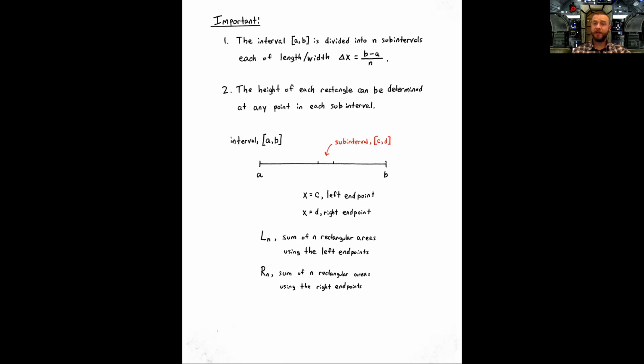So these are the two standard approximation methods: approximating rectangles by using left endpoints, or approximating rectangles by using right endpoints of each subinterval. We'll look at another way to do this using midpoints, but left and right endpoint approximations are standard.